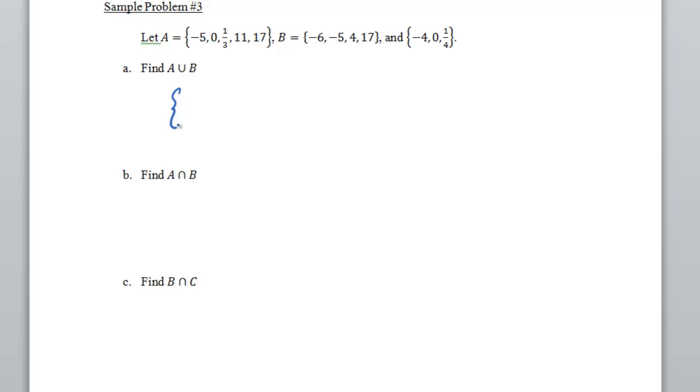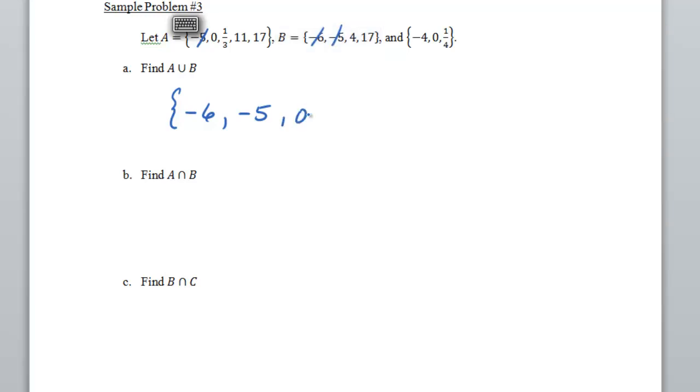So we're going to start with A and B, and I'm just going to use a little marking system to mark it off. We're going to start off with -6, which tends to be the lowest number here, so I got that one. Then we have a -5. Now if you notice, in set B we also have a -5. Since that's already represented in the set, it does not need to be written more than once, so technically that is already taken care of.